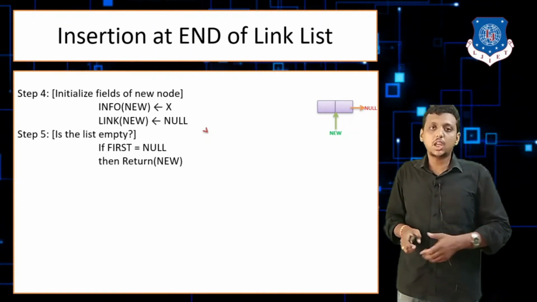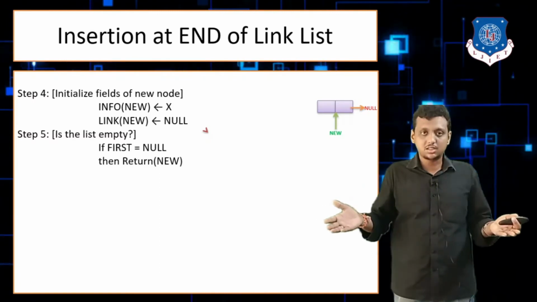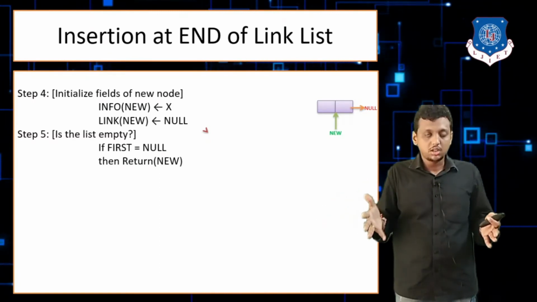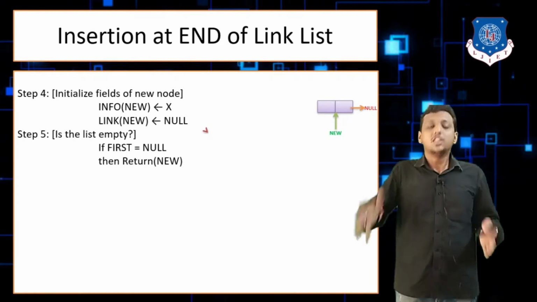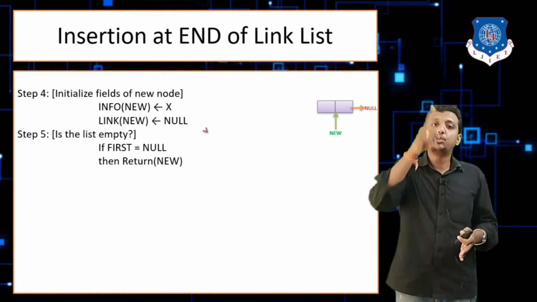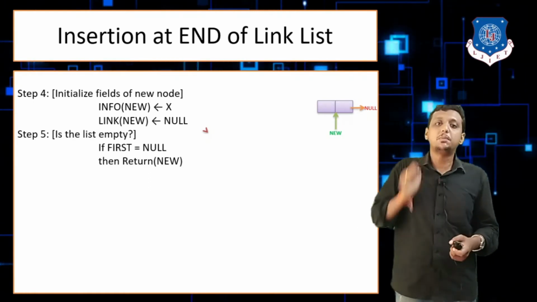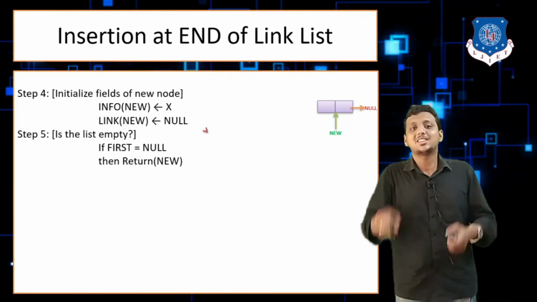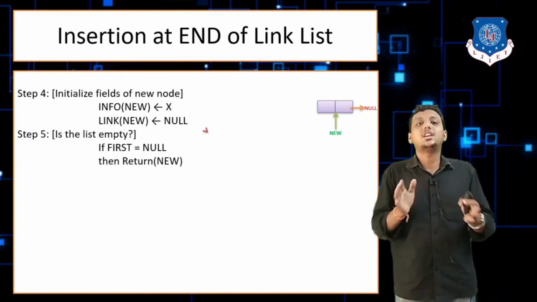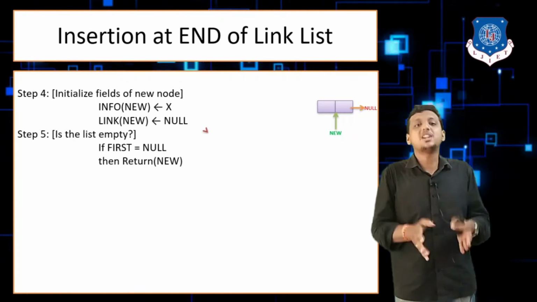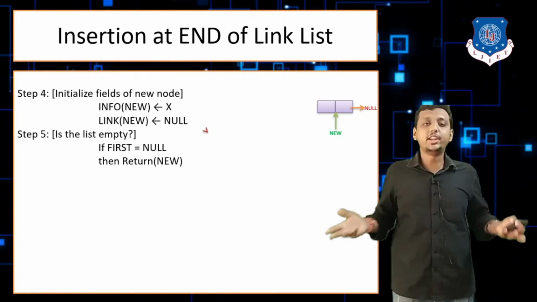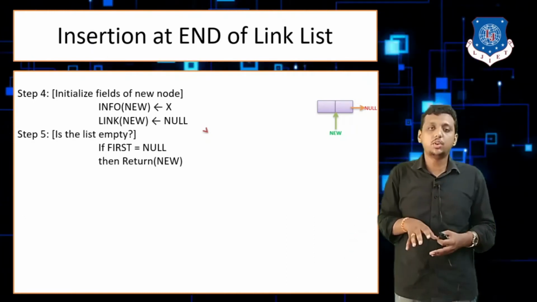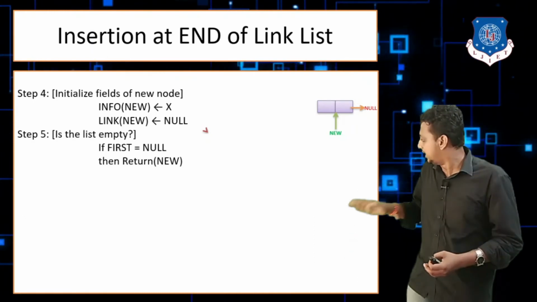Linked list does not exist, that means there are no nodes. Whatever you are inserting will become your first and your last. If it is the first, the first pointer must be pointing to that node only. If it is the last, the link of the new node must be null. And we already did it. So what is left over here? We just need to write return new.